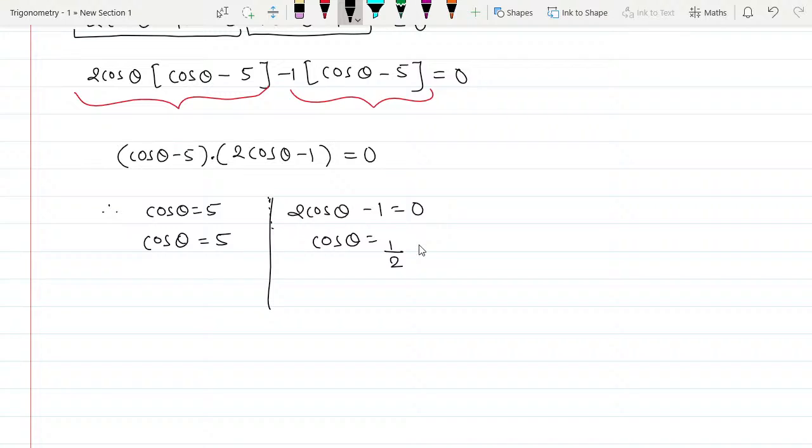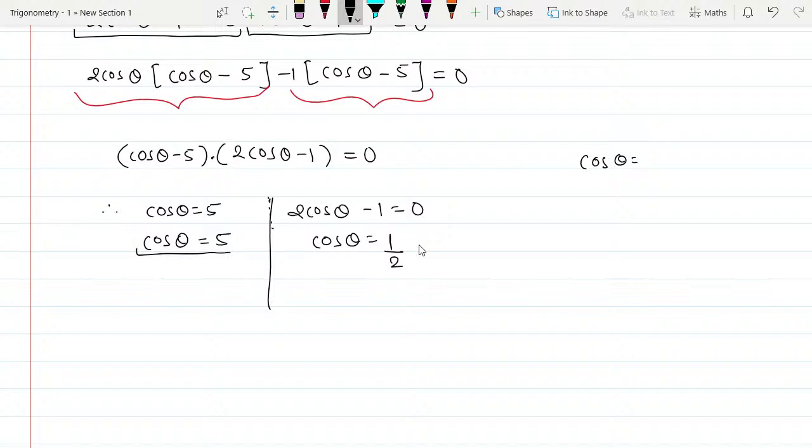Now tell me, between these two, which is the invalid one? Which cos theta will you not take? What is the maximum and minimum value of cos theta? It is plus 1 and minus 1. So which is invalid in these two? Yes, great.